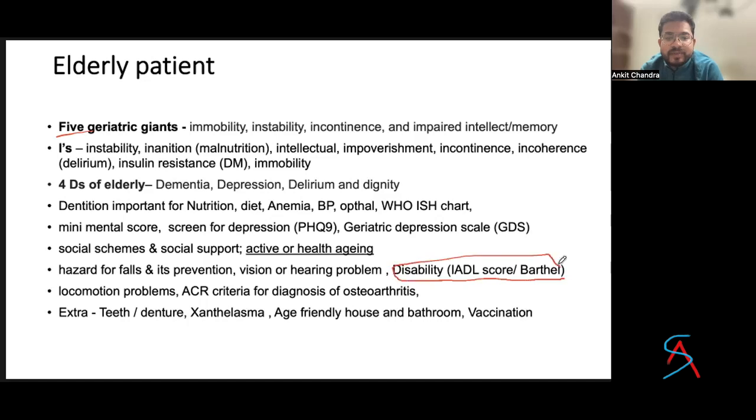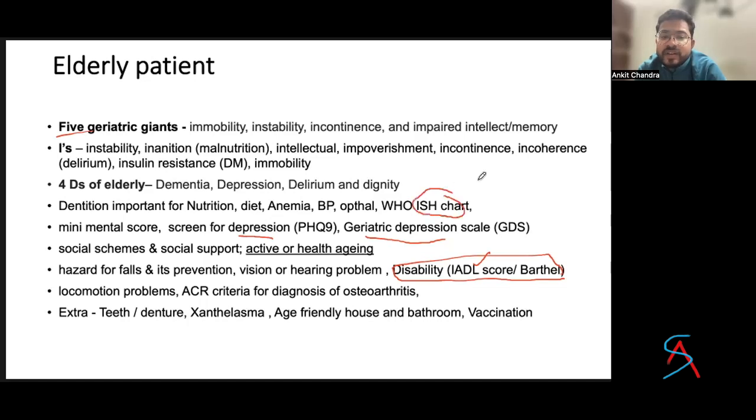These are very, very important. IADL, activities of daily living. These scores are always asked. How mobile this geriatric person is, is very important. Among the geriatric population, depression is also quite common, so the geriatric depression scale can also be used.